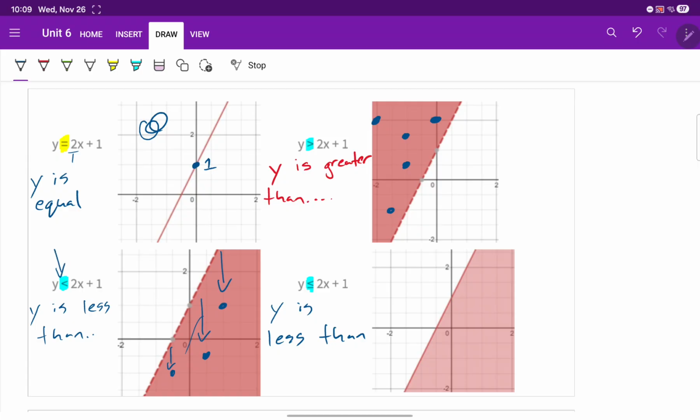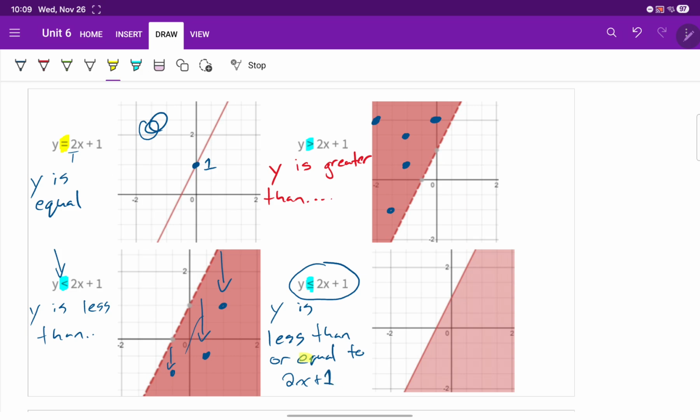Now in the last one, I didn't write it, but I'm going to write it now. I would read the last equation as y is less than, let me change that, or equal to 2x plus 1.